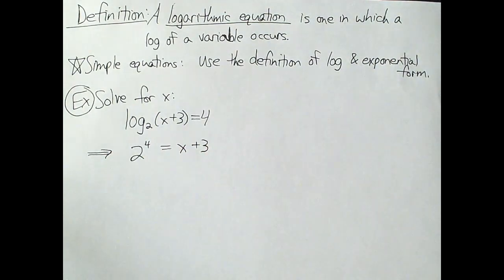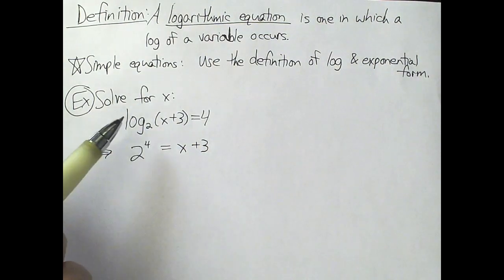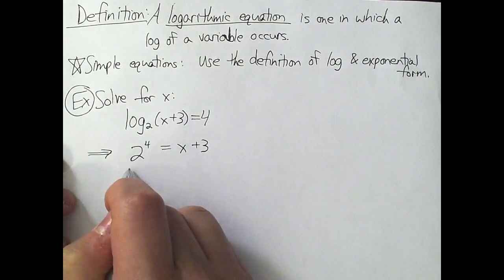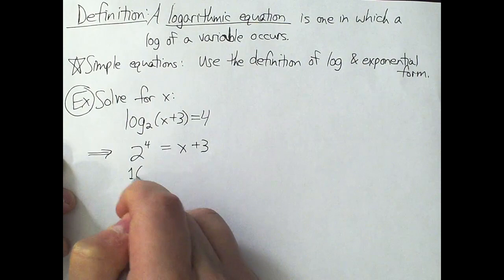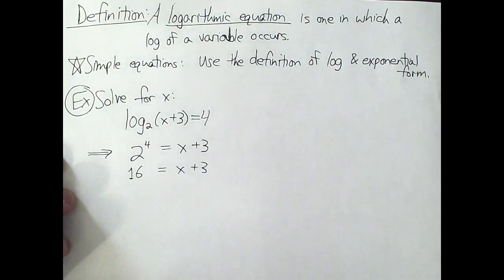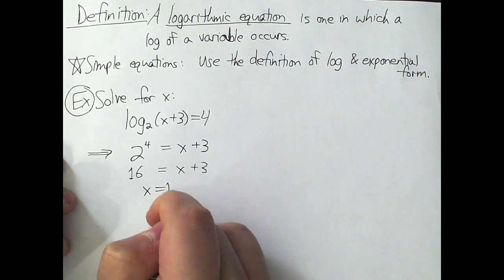That's really what that was saying. This idea that we can convert back and forth between the logarithmic form and the exponential form. From here, we could solve for x. First of all, 2 to the 4 is 2 times 2 times 2 times 2, which is 16. And subtract 3 from both sides, and we get x equals 13.